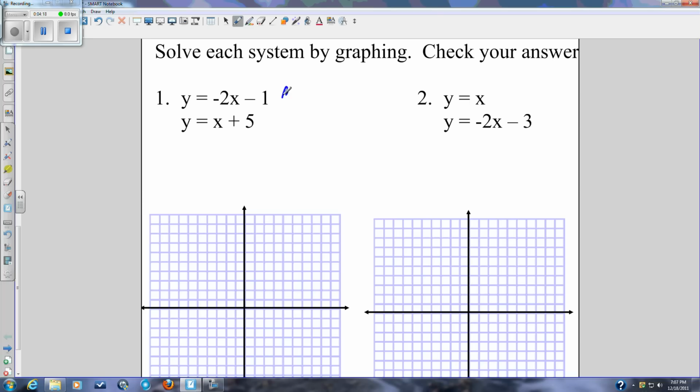The slope of our first equation, of course, is negative 2 over 1. And the y-intercept is negative 1. So let's graph that.